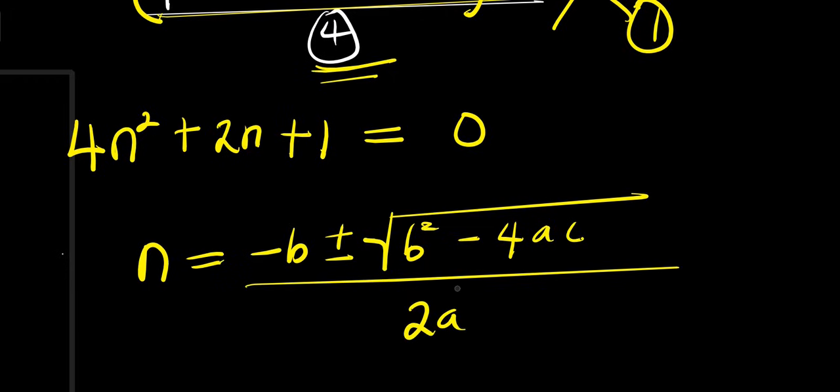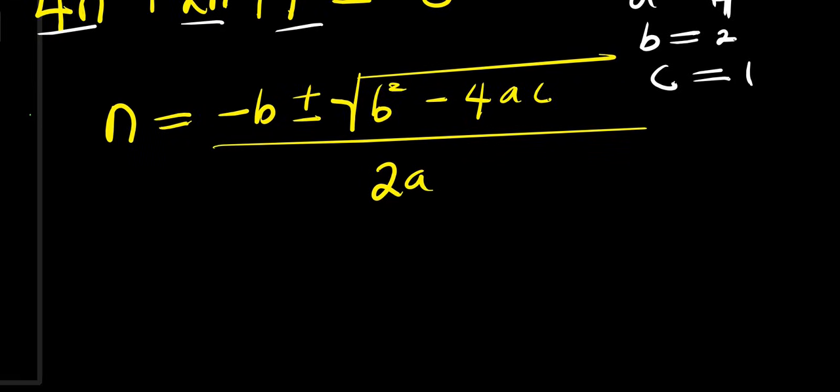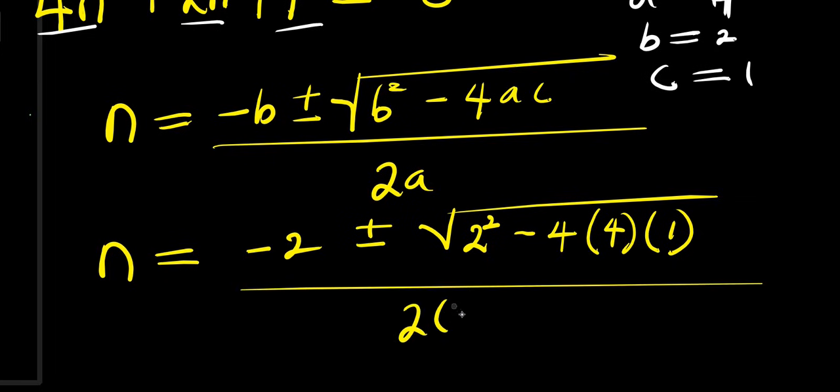And from here, my a equals 4, which is the coefficient of n squared. My b equals 2, which is the coefficient of n, and my c equals 1, which is the constant. From here, I have n equals -2 plus or minus square root of 2 to the power 2 minus 4 times a, that is 4, times c, that's 1, divided by 2 times a, that's 2 times 4.